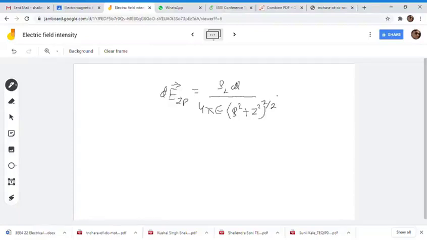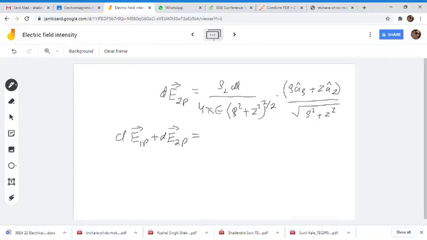So similarly, the same thing we can incorporate in our equation. Unit vector R2P, we can write as rho a rho plus z a z divided by the same square root of rho square plus z square. Now let us add these two things, dE1P plus dE2P.